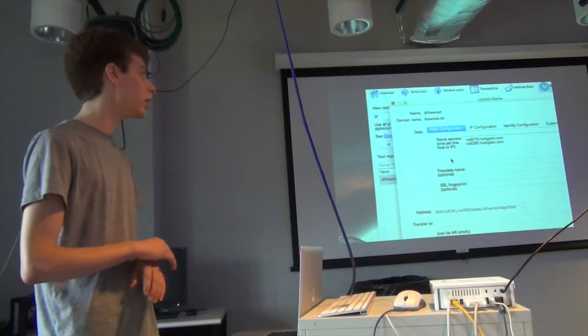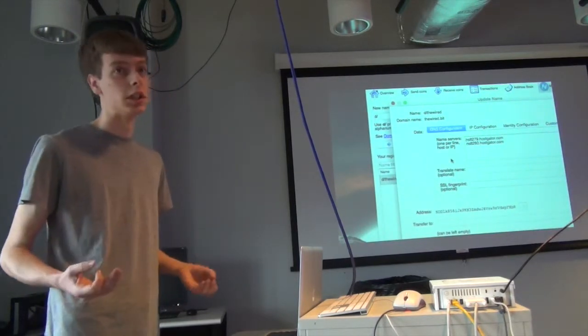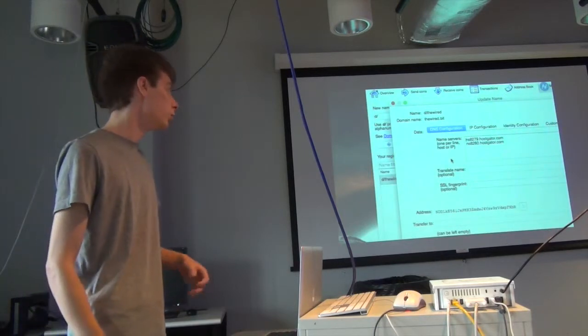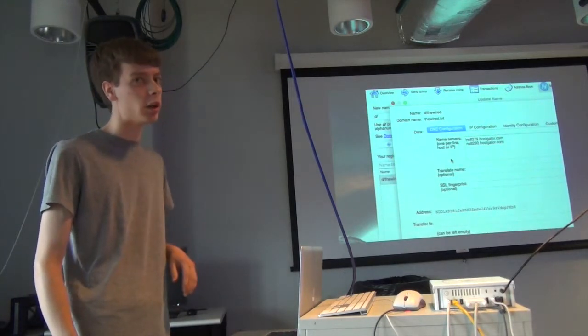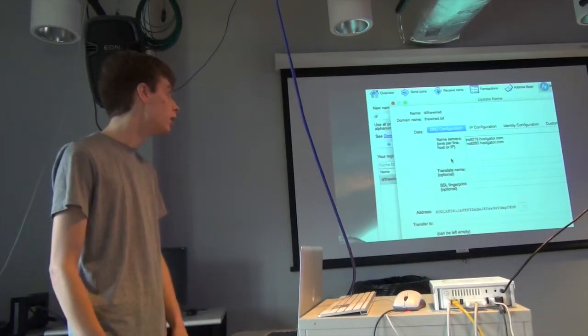So they have a system of, I guess, named attributes through JSON. So there is basically on the Namecoin, I guess, database, if you want to think about it that way.